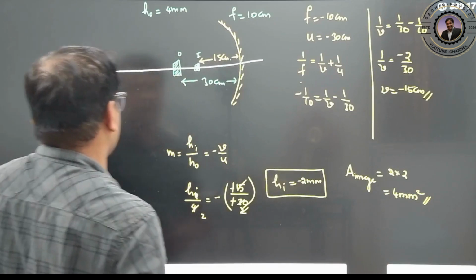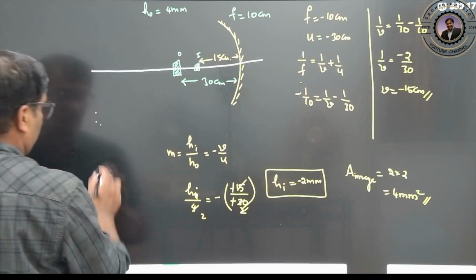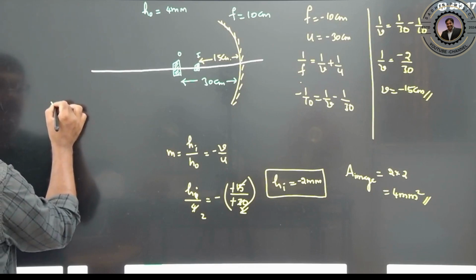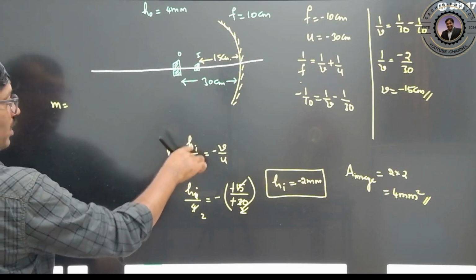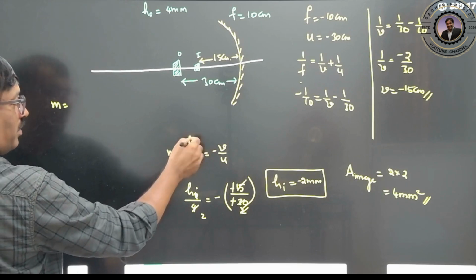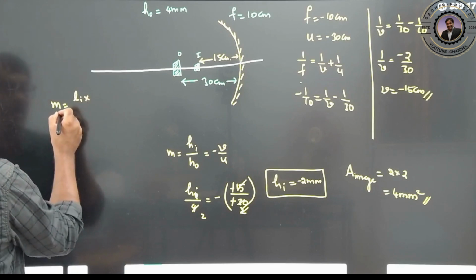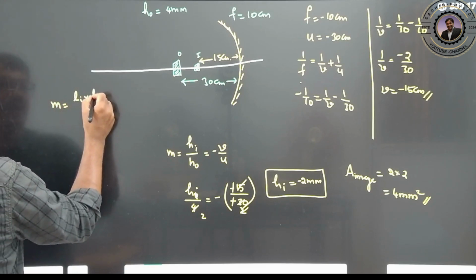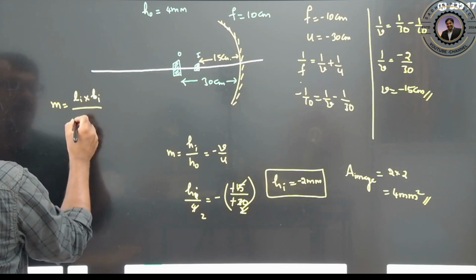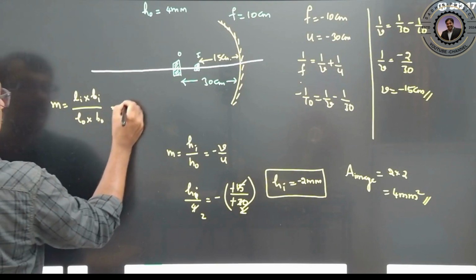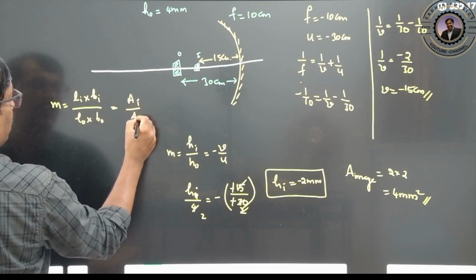Clear? Sometimes if you really want to find it, you can use a formula. Therefore magnification: height of the image, that means length of the image, into breadth of the image by length of the object into breadth of the object. This is area of the image by area of the object.